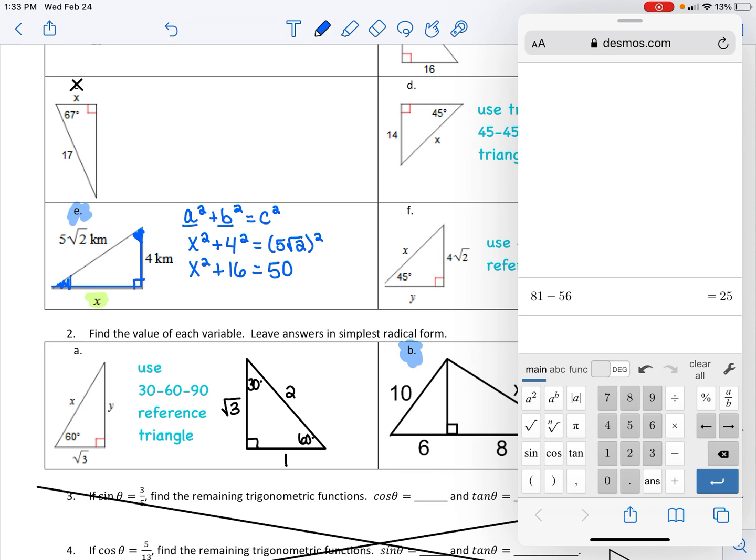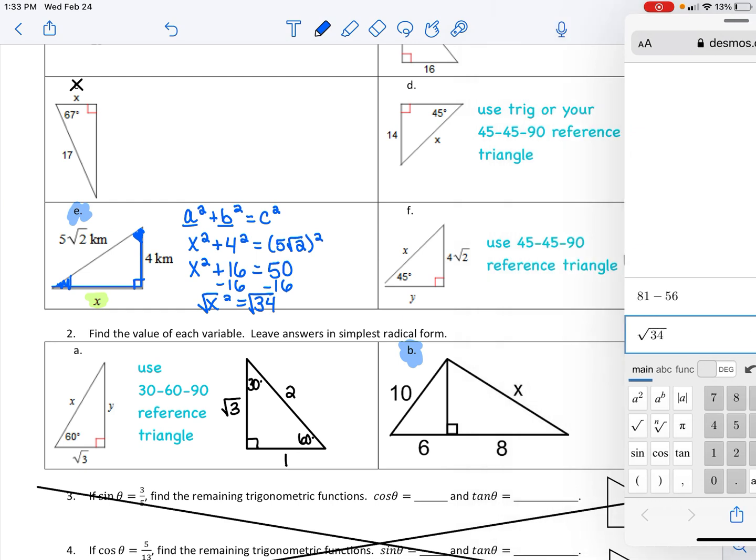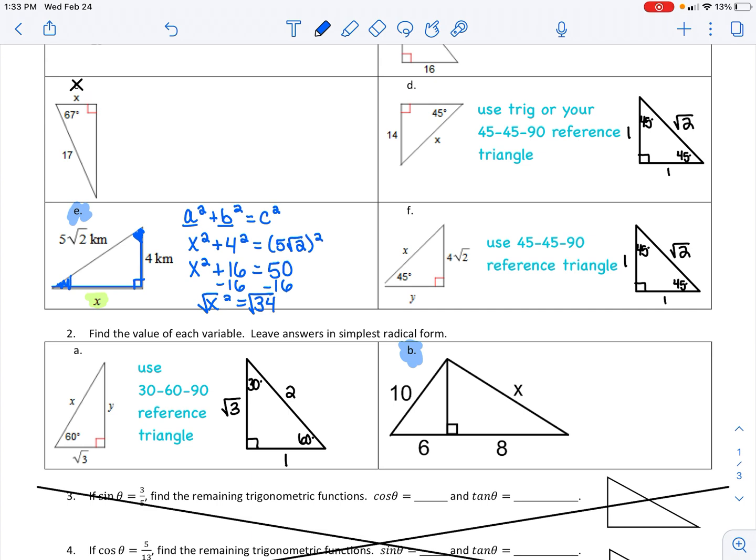Okay, so with that, we can then go ahead and try to get x by itself by subtracting the 16. That gives me x squared equals 34. And I'm going to take the square root of that 34. The square root of 34 is not a perfect square, so we're going to have to break that 34 down.